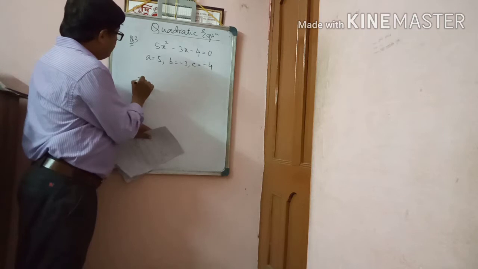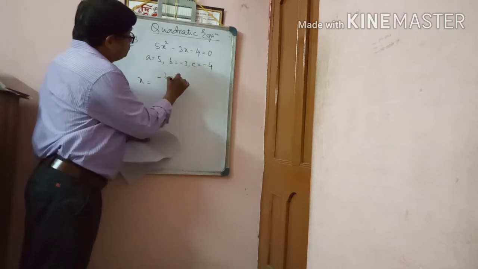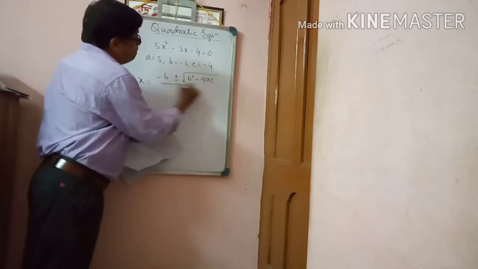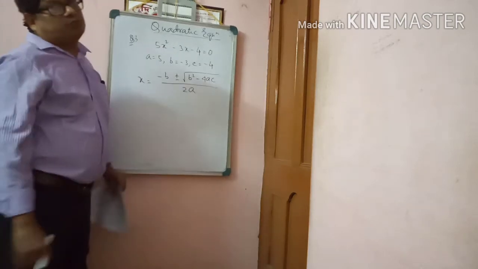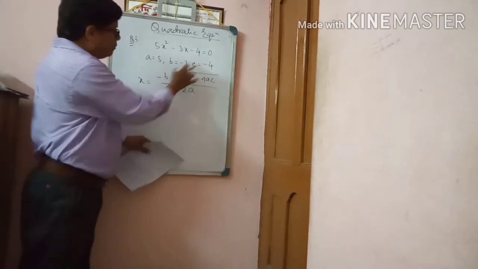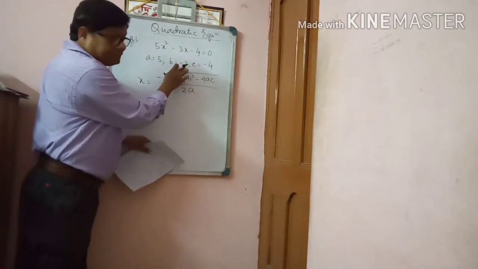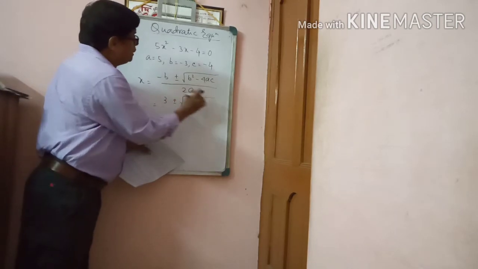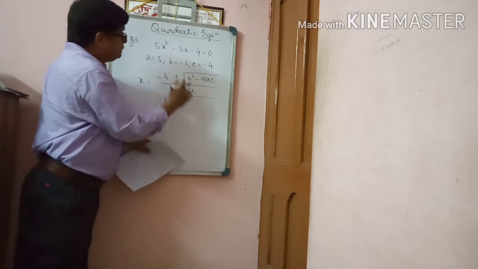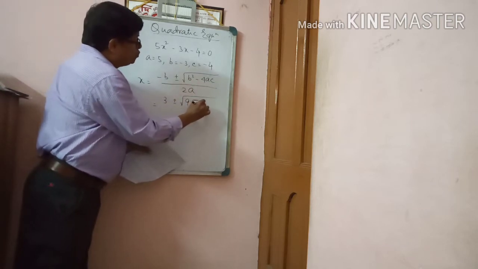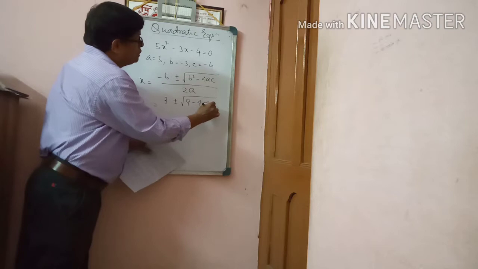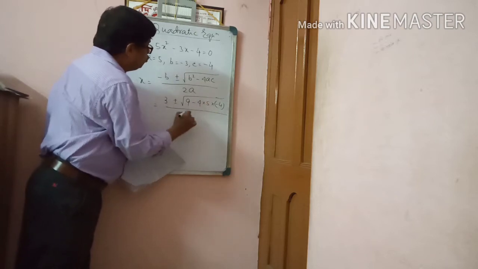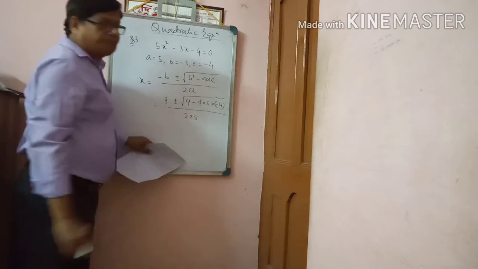Now put the values. We know x equals minus b plus minus root under b square minus 4ac by 2a. Now just put the values here. b is minus 3, so minus b will be plus 3, plus minus root under b square, that is minus 3 squared, 9, minus 4, a will be 5, c will be minus 4, by 2a, 2 into 5.